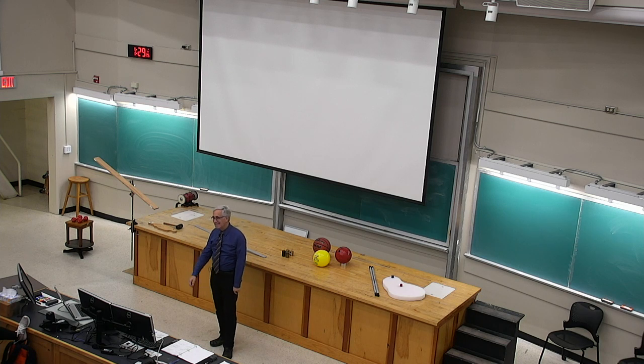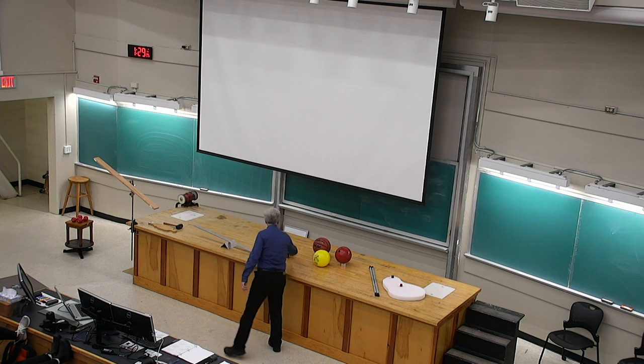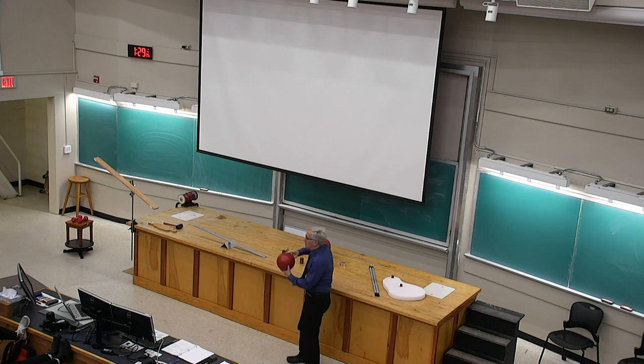To physicists, it's got a fancy, awkward name. You may have bumped into this before. It's called moment of inertia. There are reasons why it's called that, and it is more complicated when you get down to calculating with it than rotational mass, but rotational mass is good enough. This guy has a very small rotational mass, meaning I can make it undergo big changes in angular velocity very easily. Doesn't fight me. However, this guy, much more rotational mass. Okay?